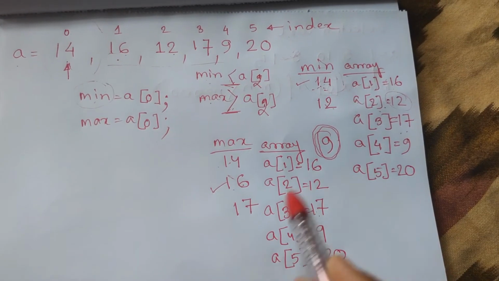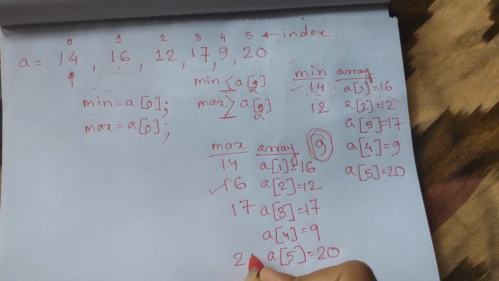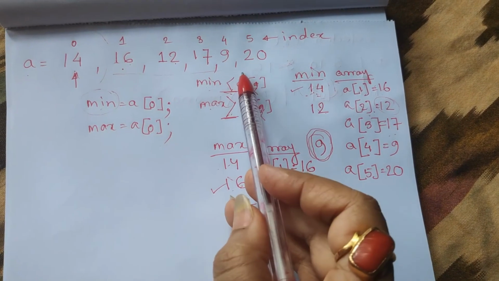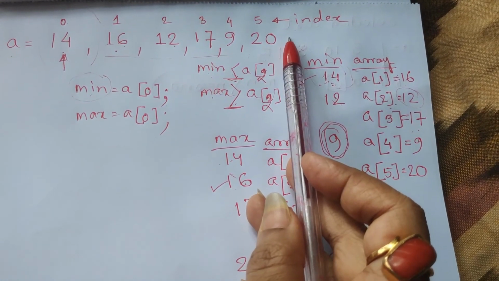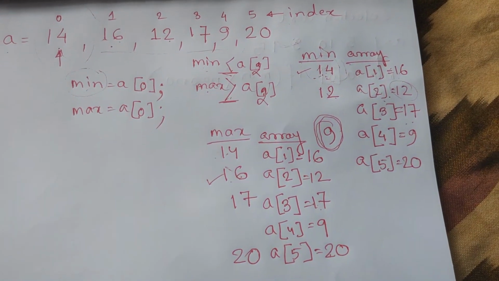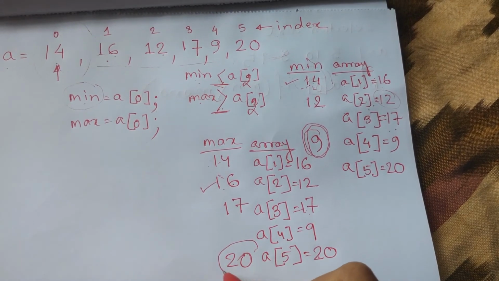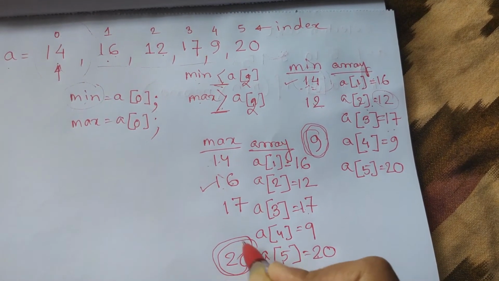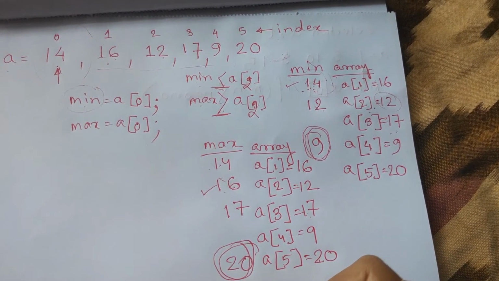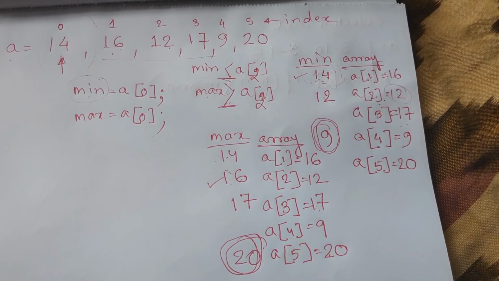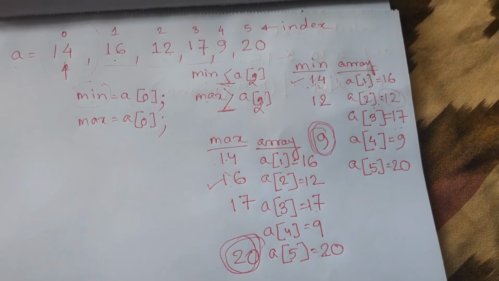No. So now 20 will be made the new maximum. Clear? So after that we will see that we have come to the end of the array. As a result, our loop will stop and this variable max will give us the maximum element of the array. Clear? So this is how you find out the minimum and the maximum in an array.